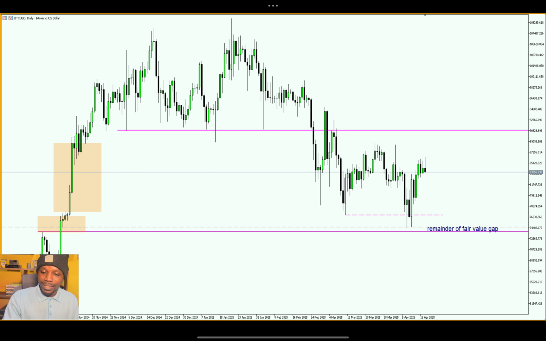So that quick rally up has actually left what we call an order block. This is where we find what ICT calls an order block.